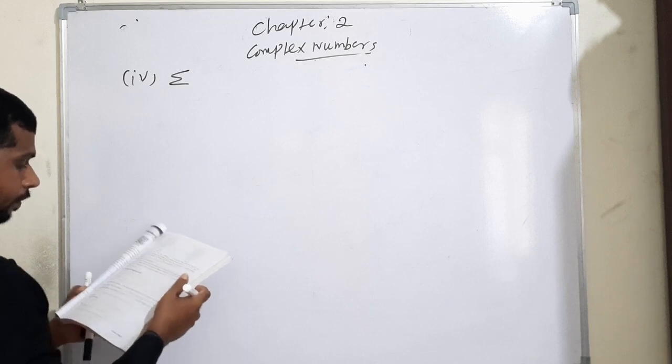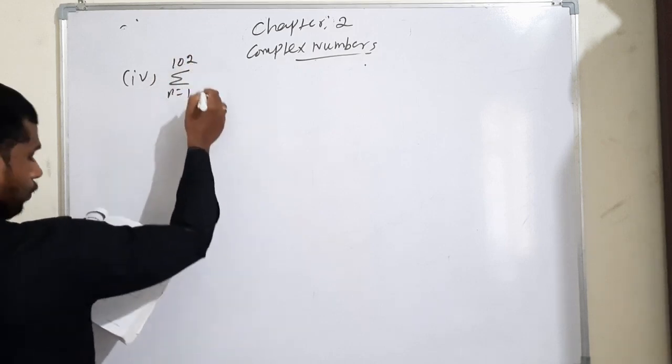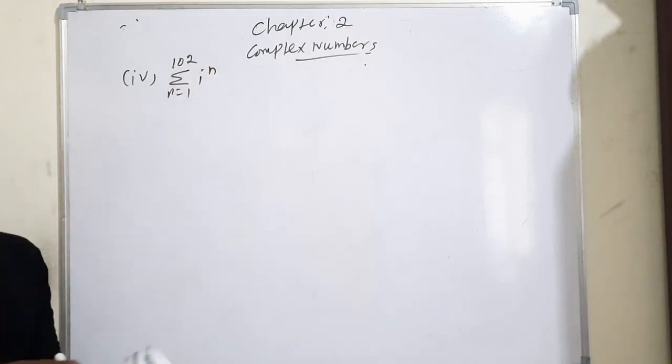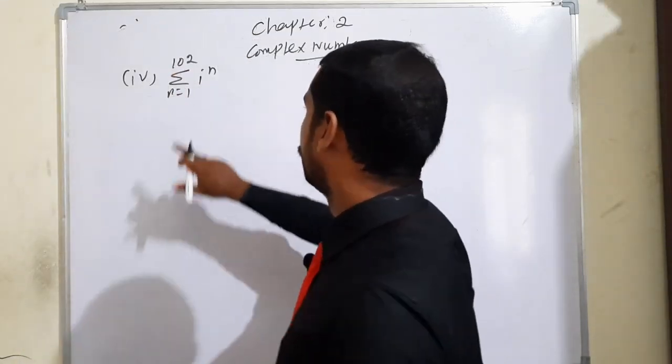Summation of n is equal to 1 to 102, i to the power n. So summation means total number of values. It will be up to 1 to 102.